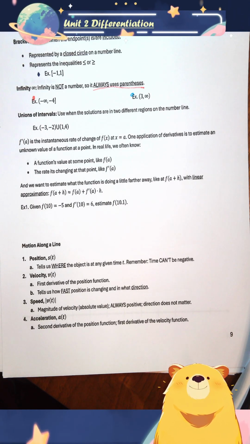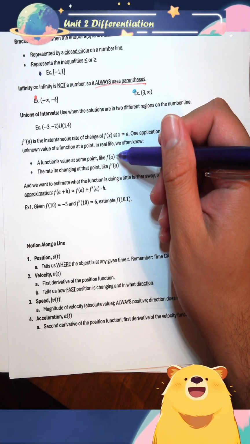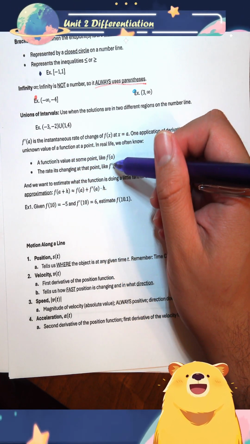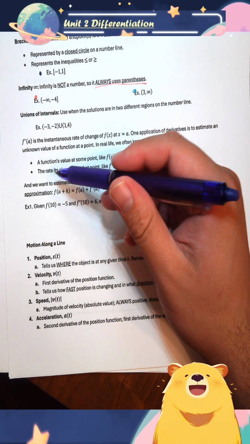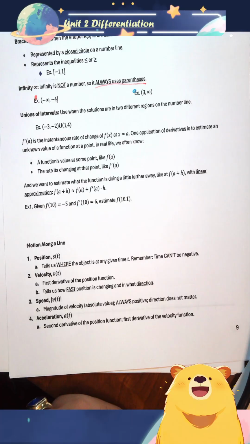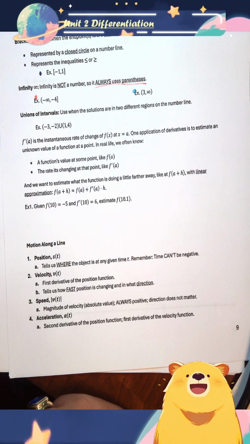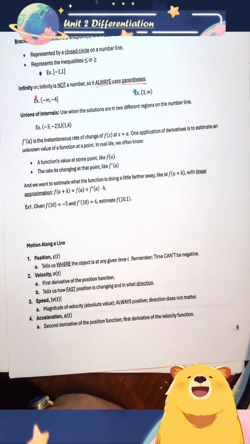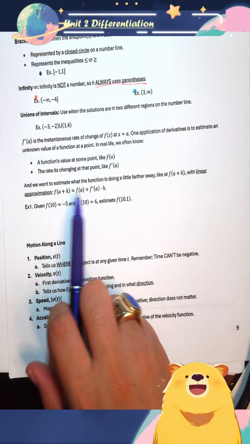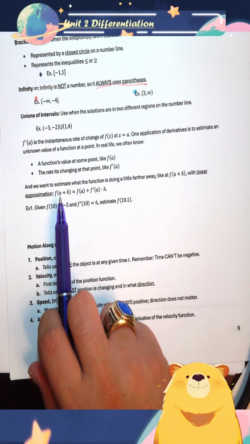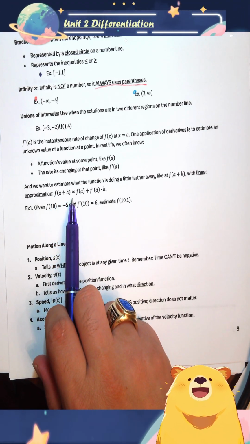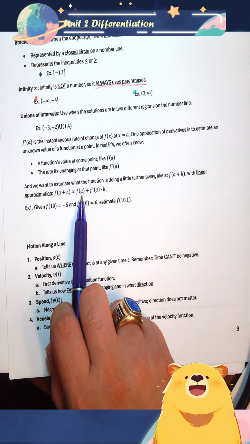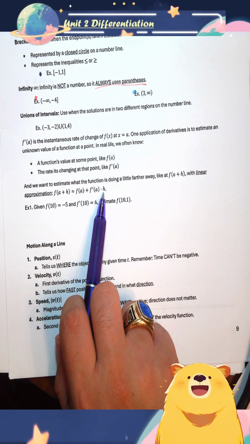In real life, we often know a function's value at some point, like f of A, and the rate it's changing at that point, like f prime of A. And we want to estimate what the function is doing a little farther away, like f of A plus h, with a linear approximation seen here that uses that derivative. So f of A plus h is not exactly equal, but is approximately f of A plus f prime of A times h.